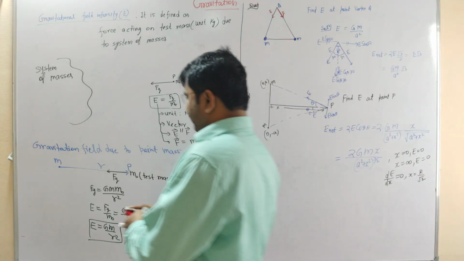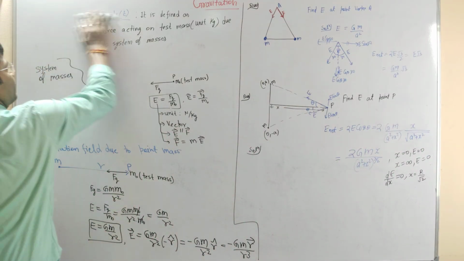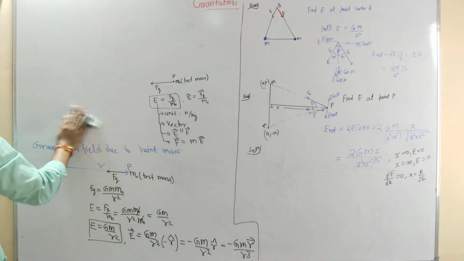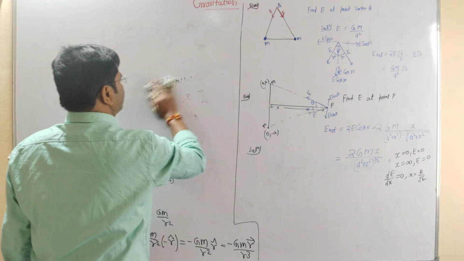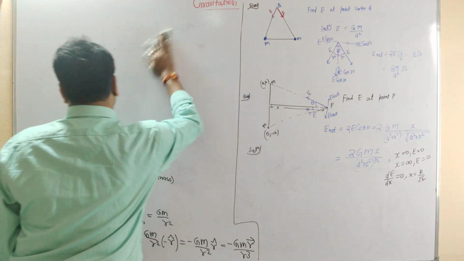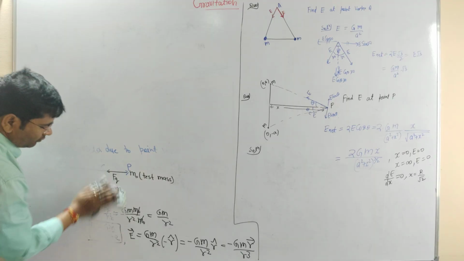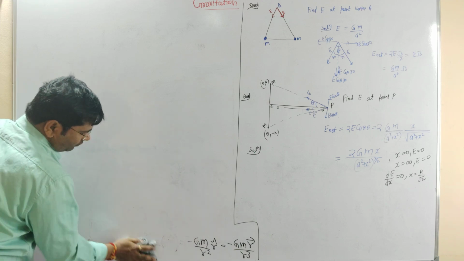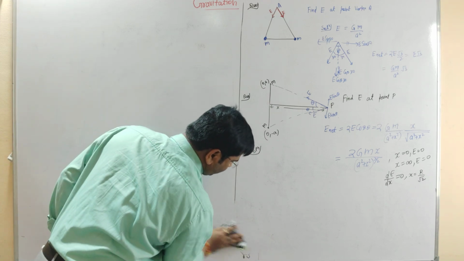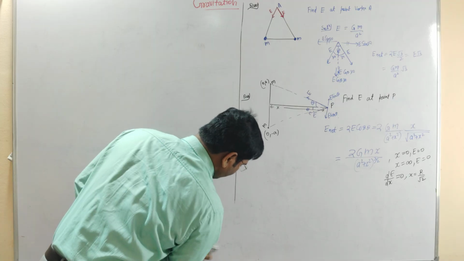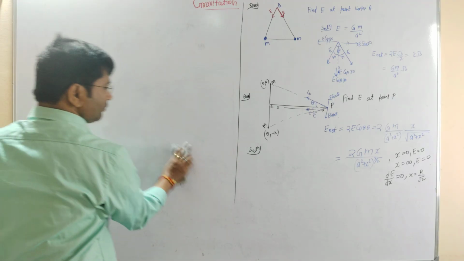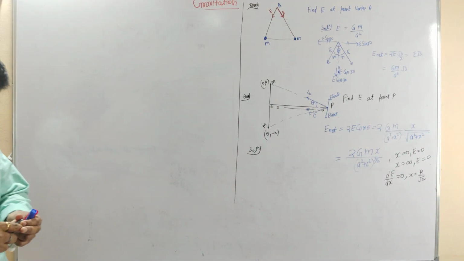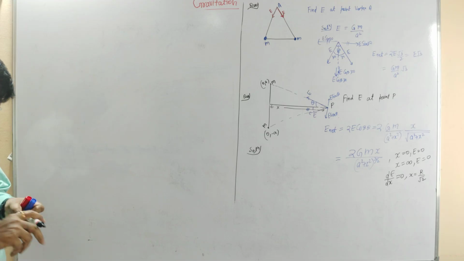So next one. Okay, so the next point is gravitational field due to a semicircular ring.